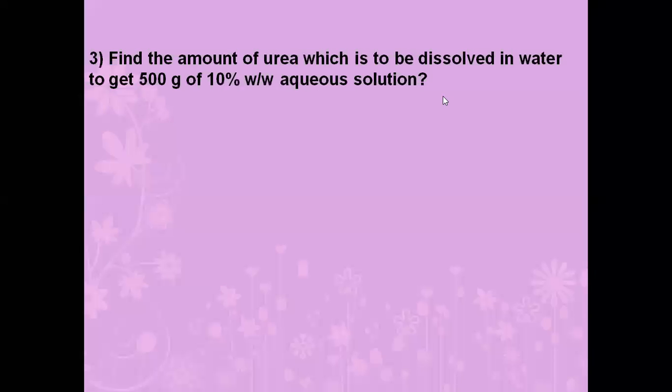So the next question. Find the amount of urea which is to be dissolved in water to get 500 gram of 10 percentage weight divided by weight aqueous solution. In this question, 10 percentage is given, that is mass percentage, and 500 gram, that is the mass of the solution.